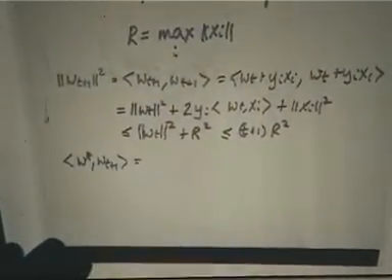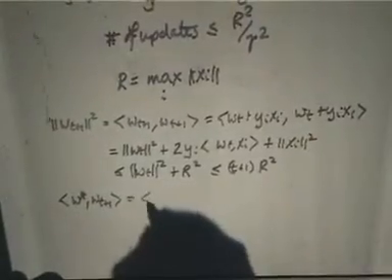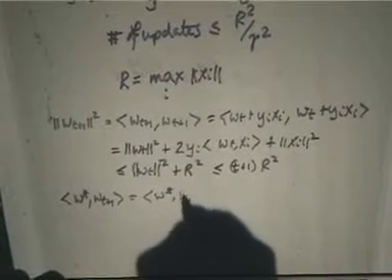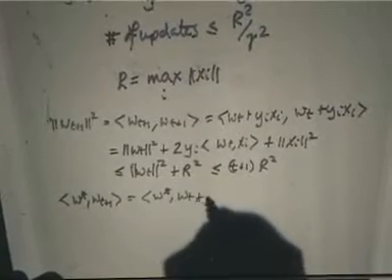So that's the first inequality, and the second inequality is to bound the inner product with this w star of w_{t+1}. And again, we use exactly the same technique. Plug in the update rule and see what happens.